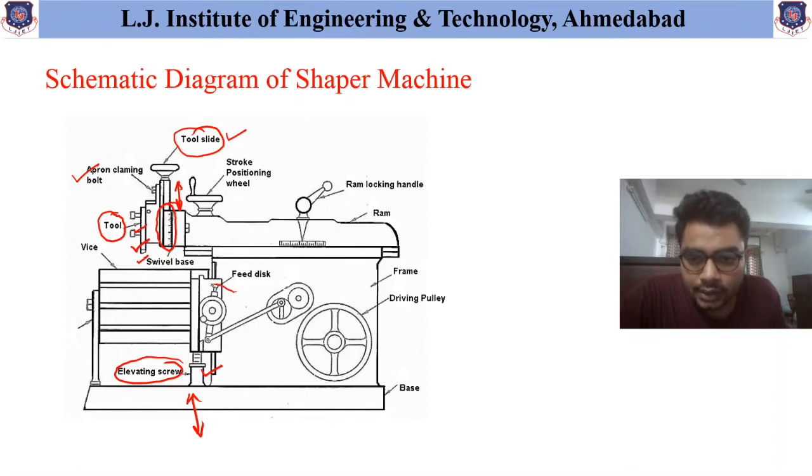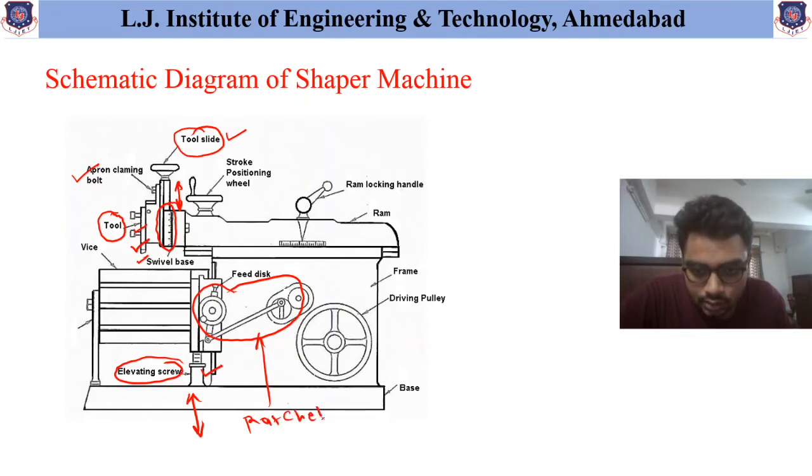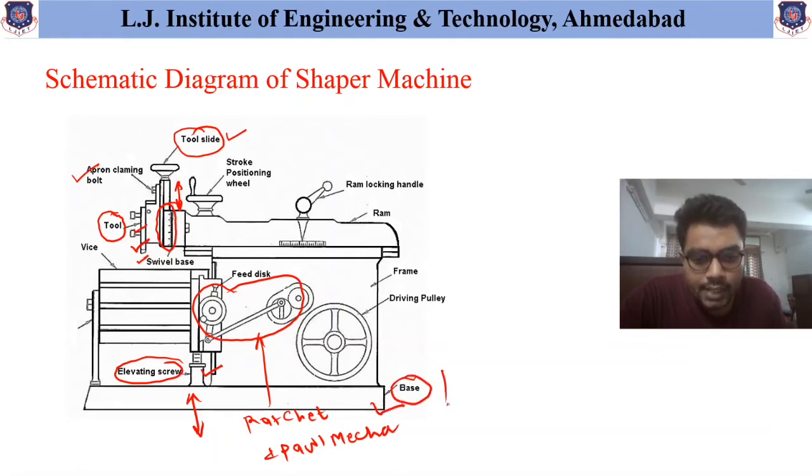Similarly, one mechanism is shown which helps to obtain the automatic feed movement of the work table, and this mechanism is called the ratchet and pawl mechanism.